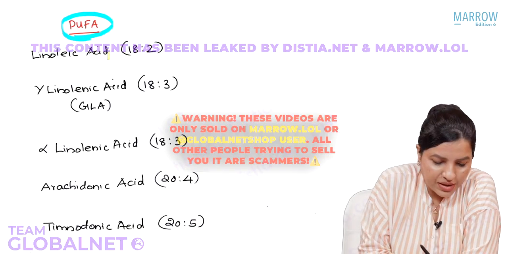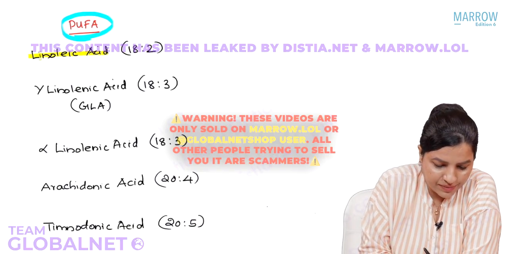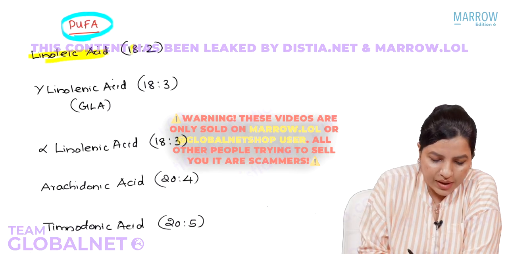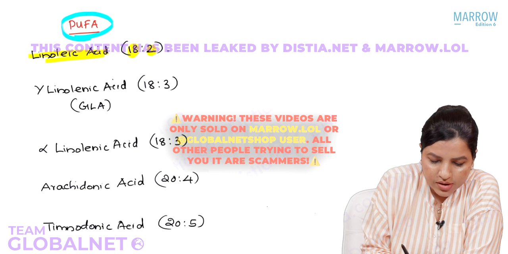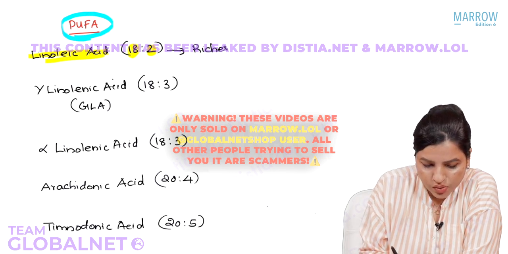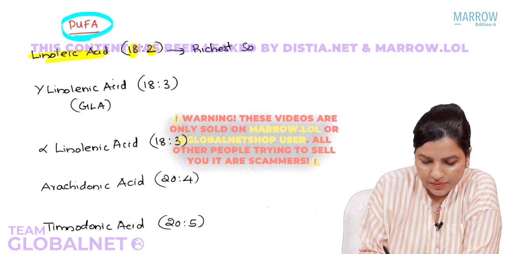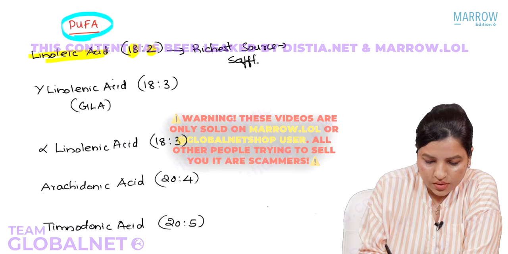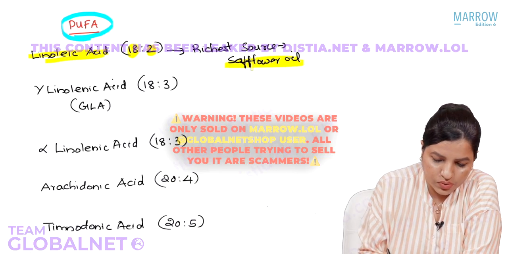First is the 18 carbon linoleic acid. It is 18 carbon and it has 2 double bonds. The richest source of linoleic acid is safflower oil.